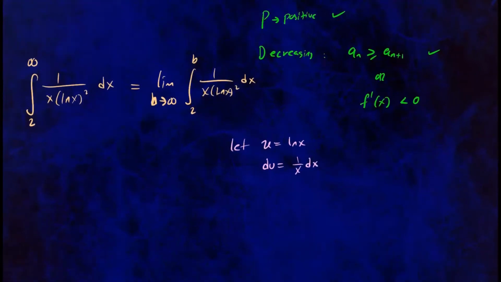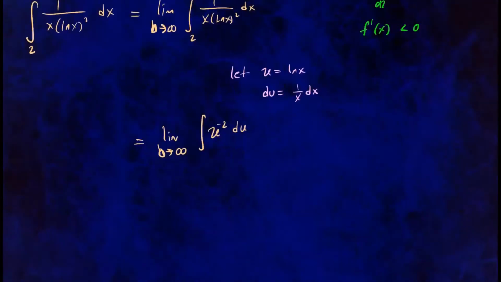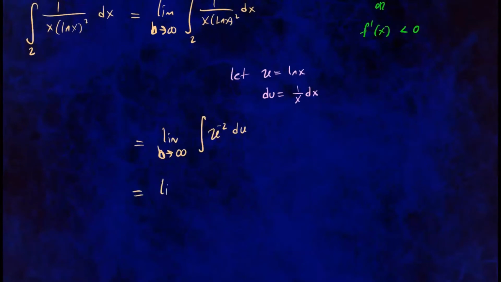So then my integral becomes the limit as b goes to infinity of the integral. I'm going to ignore the limits of integration for now since I'm switching variables. This is 1 over u squared du. And then u squared, you can bring it on top to make it u to the negative 2. So you can use the power rule of integration. So this is equal to the limit as b approaches infinity of u to the negative 1 over negative 1.